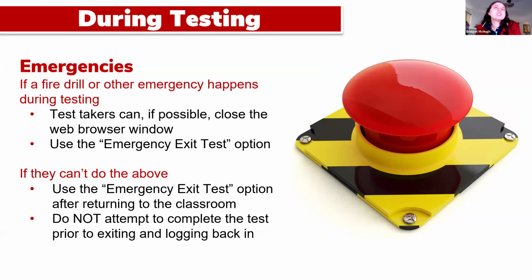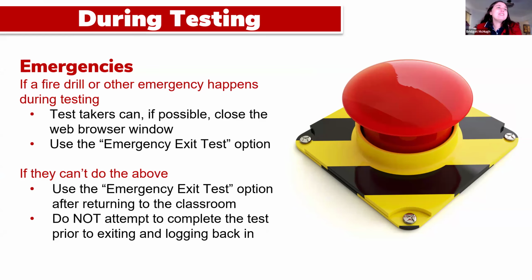Speaking of which, I'm going to give you a little more information about the emergency exit test option. We call it the emergency exit test option because it is designed predominantly for emergencies like fire drills, or even an actual fire or some other natural disaster.